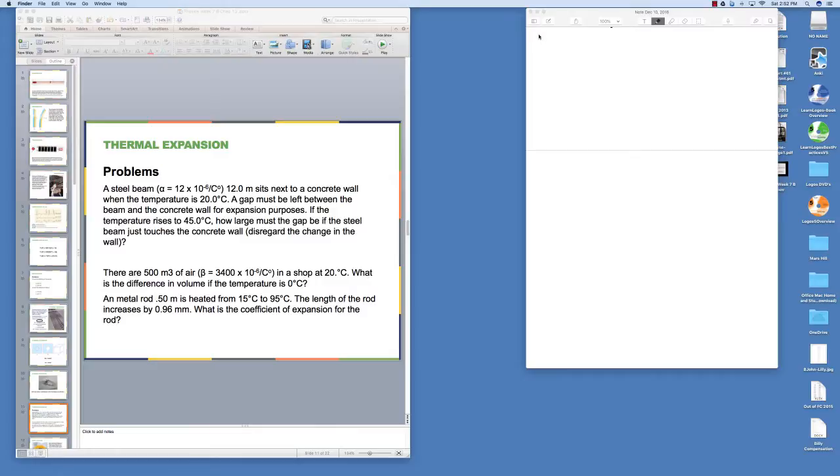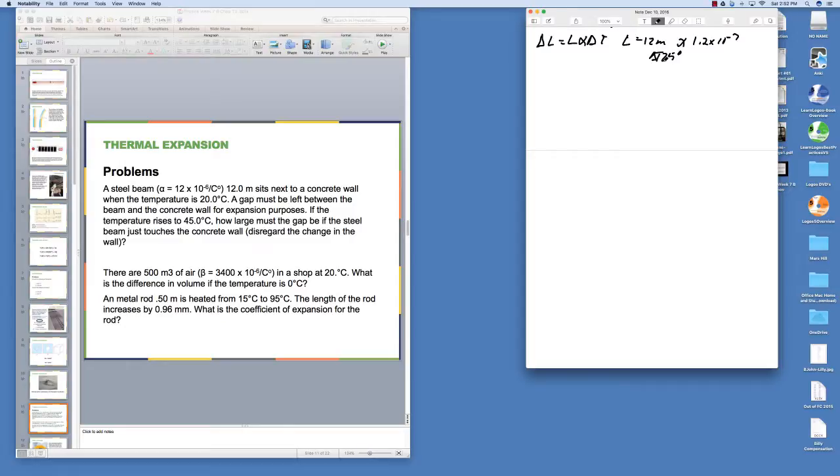First of all, we know that delta L is equal to L alpha delta T. And so it's equal to L, which is 12 meters, alpha, which is, let's say, 1.2 times 10 to the minus 7, and delta T is 25 degrees.